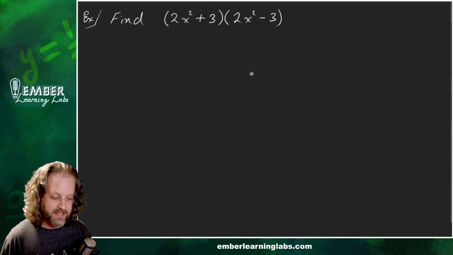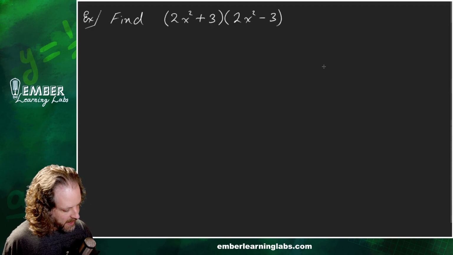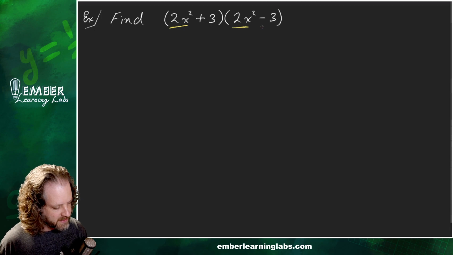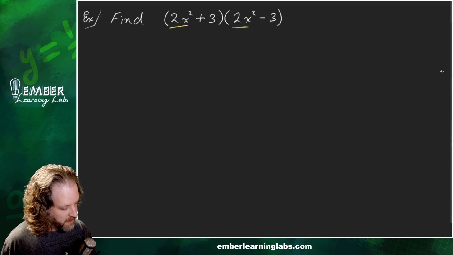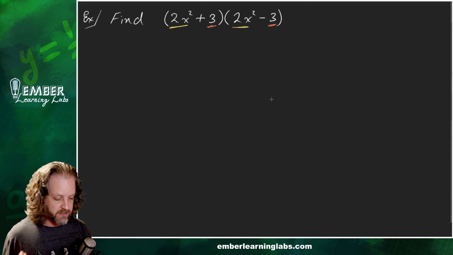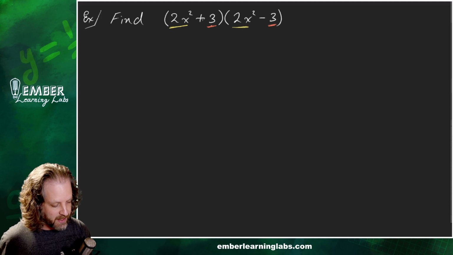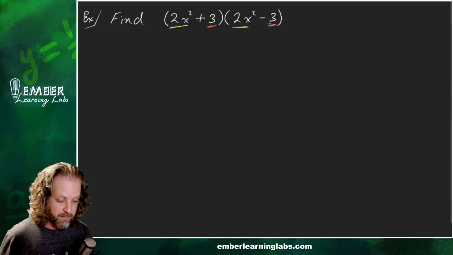All right. So here is this example. You can see that this guy and this guy match, and then this one and that one match, except the signs are backwards. So this is exactly like what we saw on the last thing. So it's the same thing with different signs in the middle.